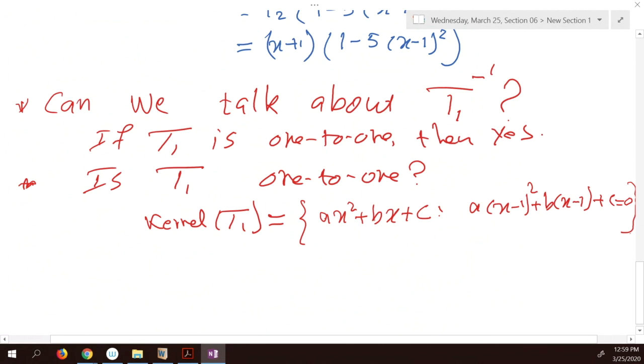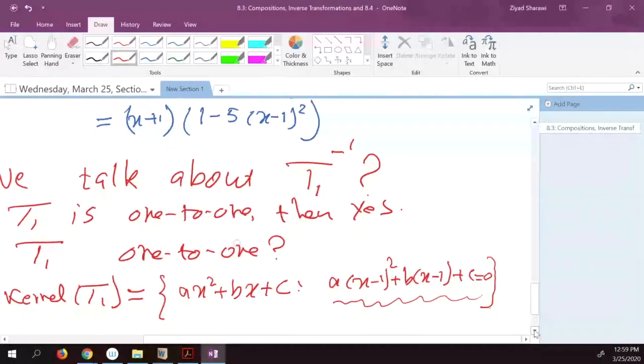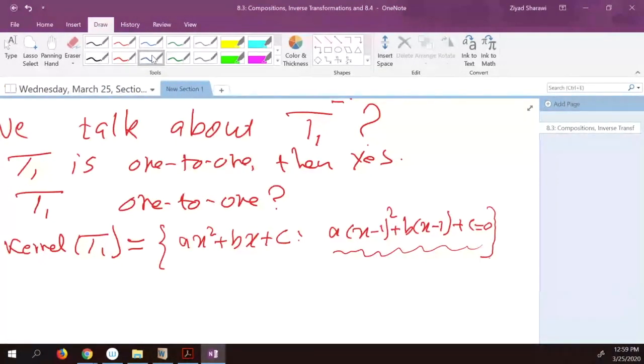All polynomials of degree at most 2 that will satisfy this. Now, if you want this to happen, it means what? From here, you can see a has to be 0. And from here, you can see b has to be 0. And c has to be 0. In case you don't see that, you can unfold those. Okay?